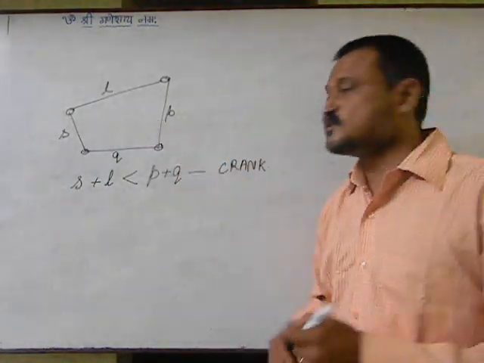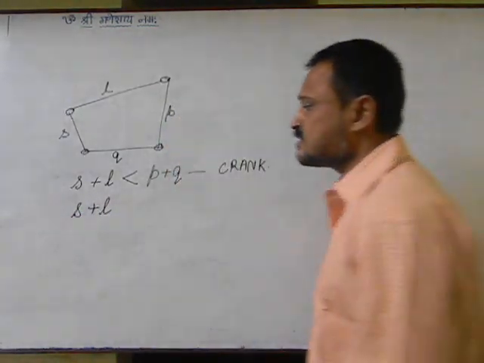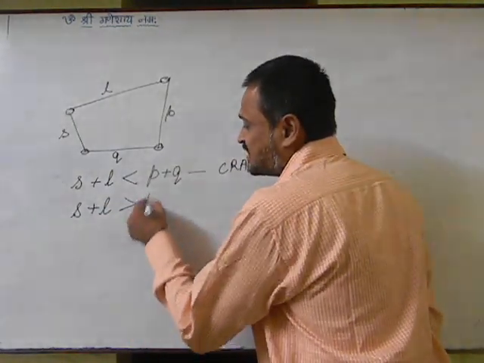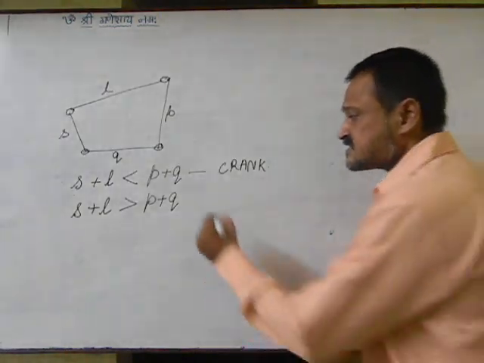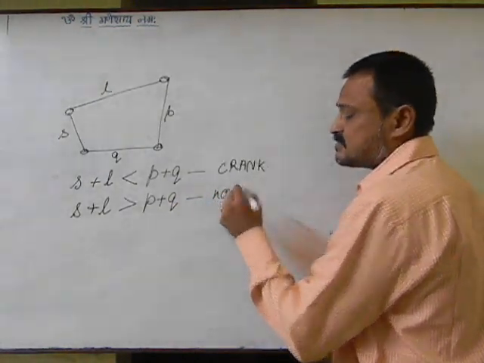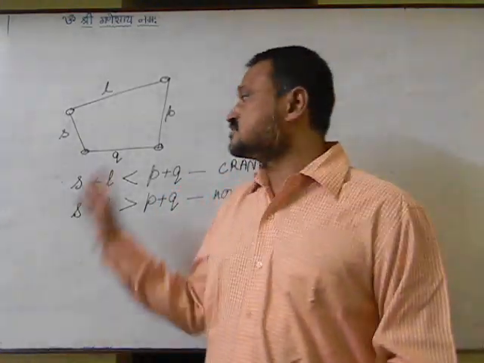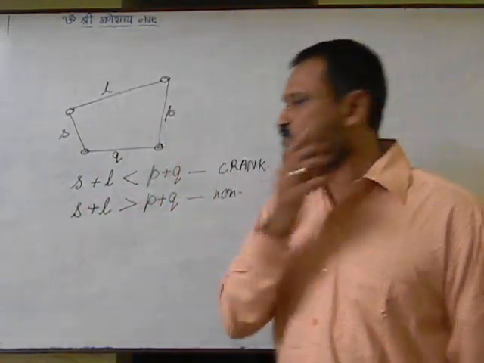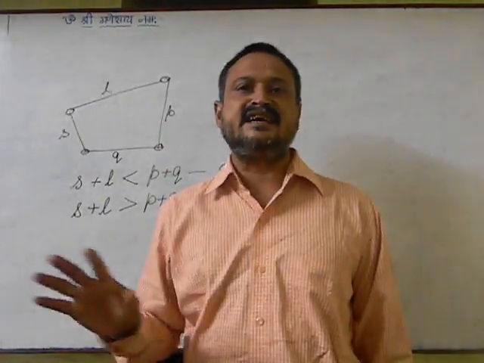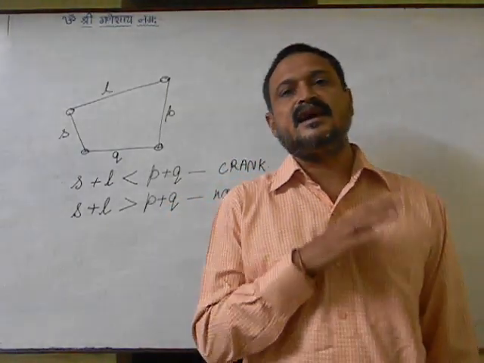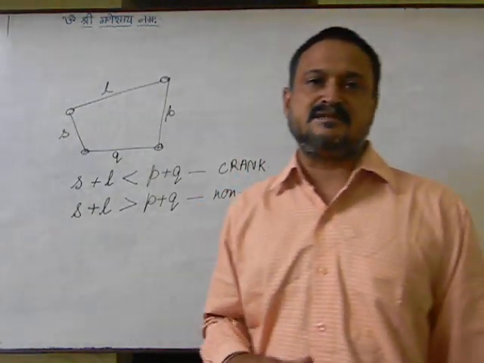Now if this is not so, if the sum of the shortest and the longest link comes out to be greater than the remaining 2 links, then none of the inversions will contain a crank. So though it is a 4-bar chain, there will be no crank existing in any of the inversions. It will all be giving me rocker mechanisms, right?